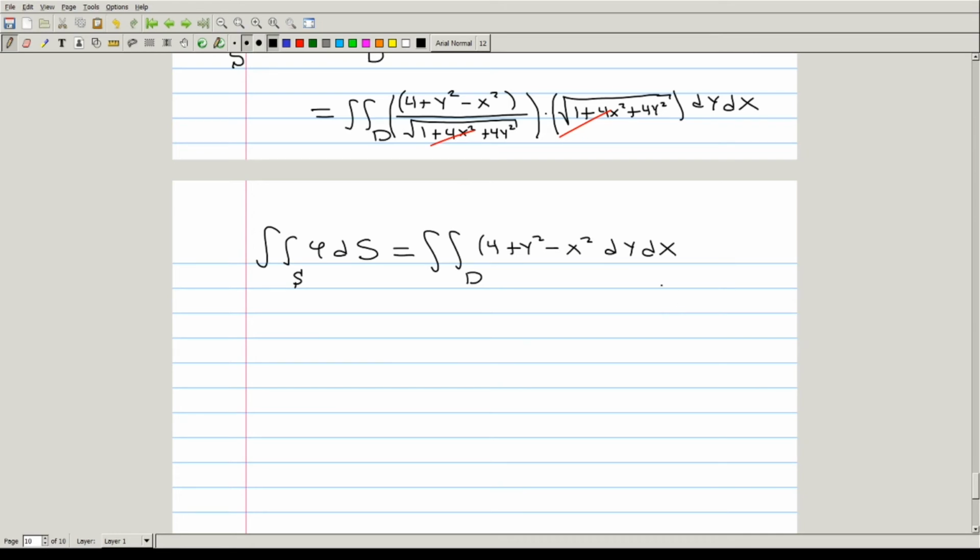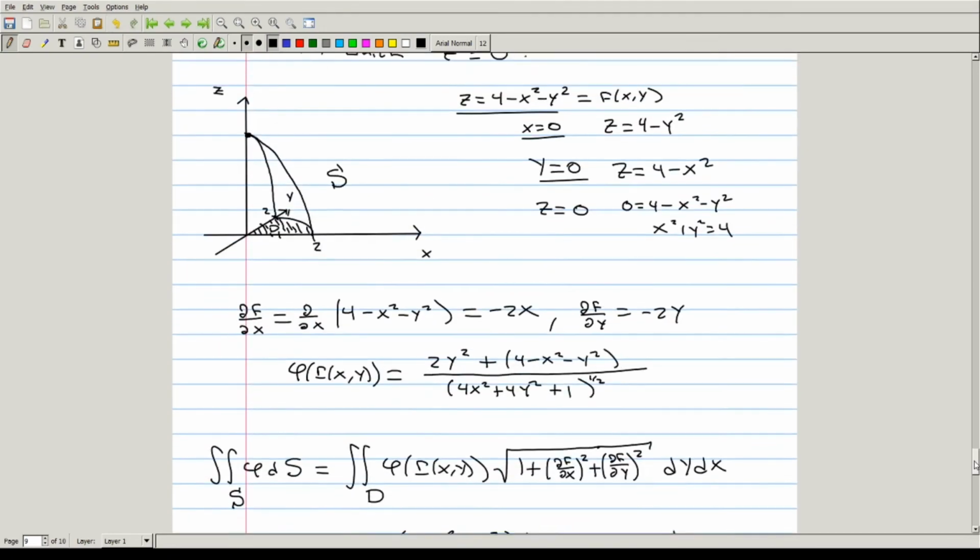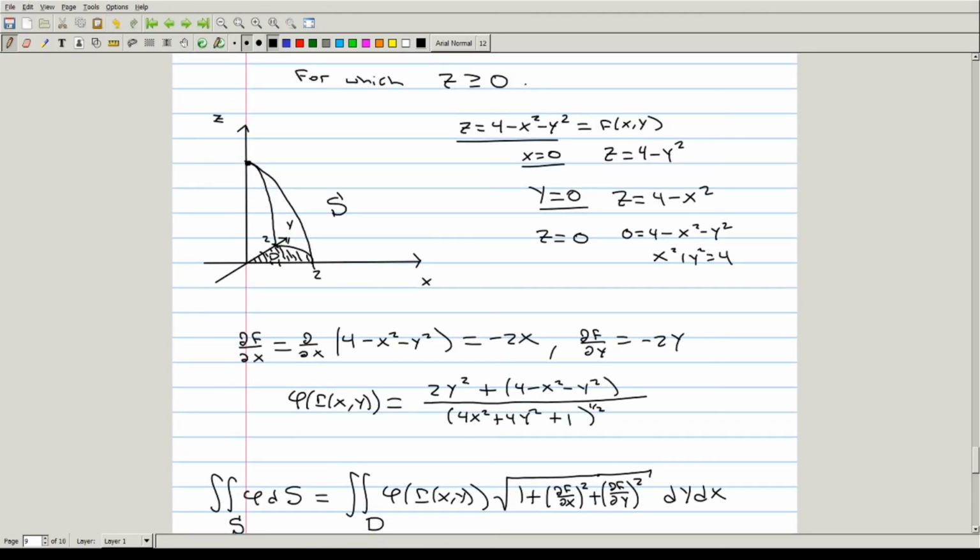And this is just a nice double integral that we can go through and evaluate. But we do have to be careful because this domain D is a non-rectangular domain. Specifically, it's this upper quadrant of the circle of radius 2 in the xy plane.